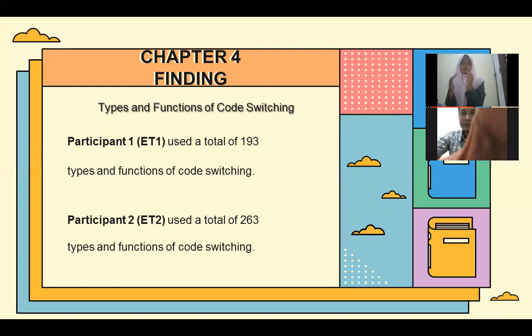Based on observations of English Teacher 1 or EP1, there are 193 functions of code switching performed, from a total of 33 functions of topic switch, 49 functions of affective function, and 112 functions of repetitive function.